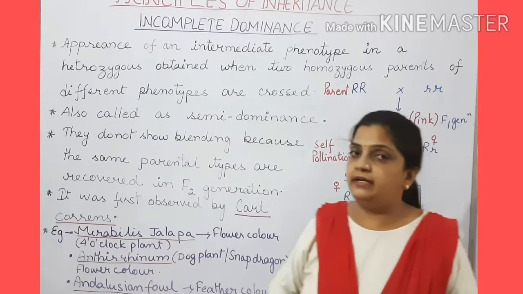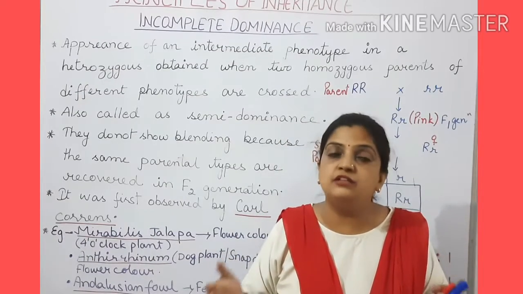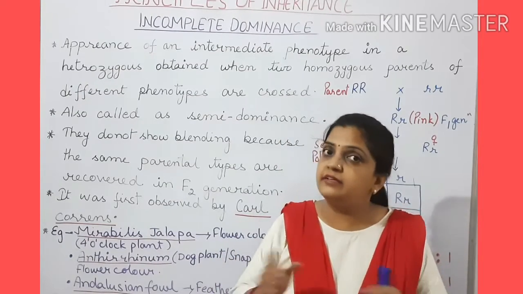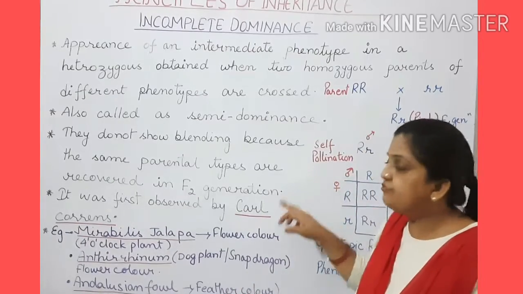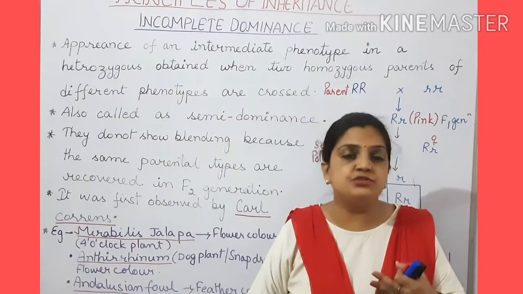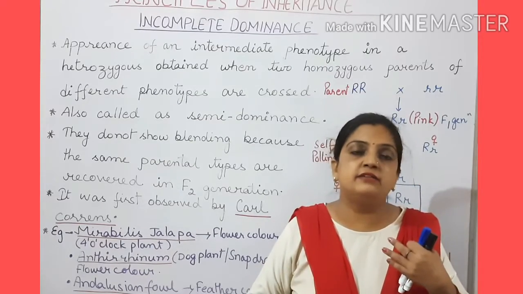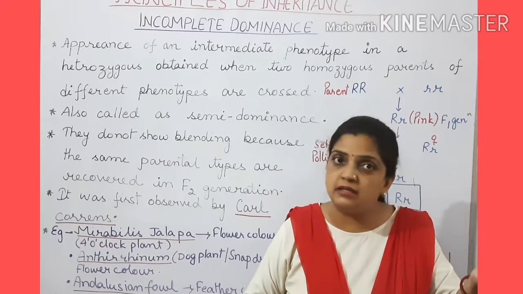If it was blending, then in the F2 generation the offspring result would have differed. But the result is not differing in the F2 generation. In the F1 generation, an intermediate result is obtained, but in the F2 generation, the same parental result will be obtained as in Mendel's experiment.